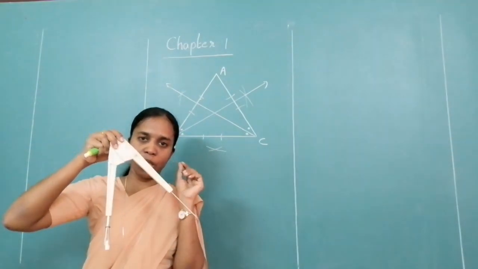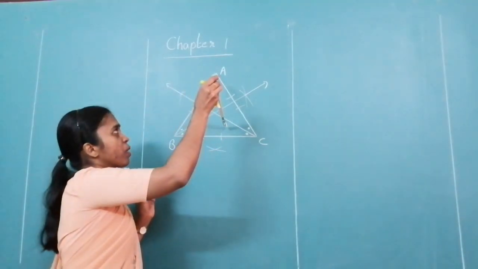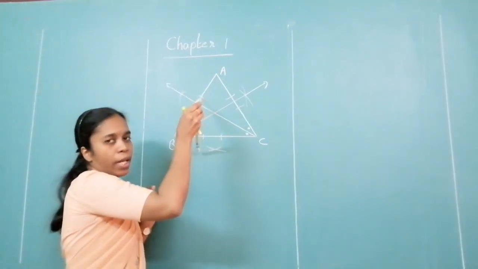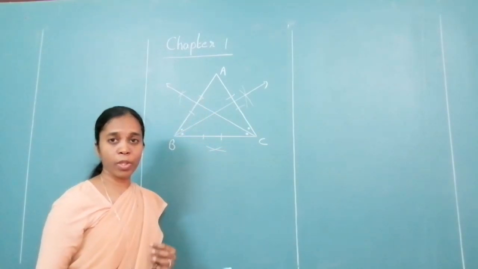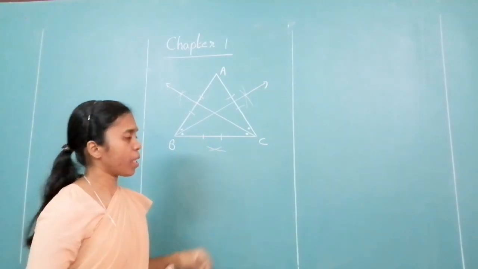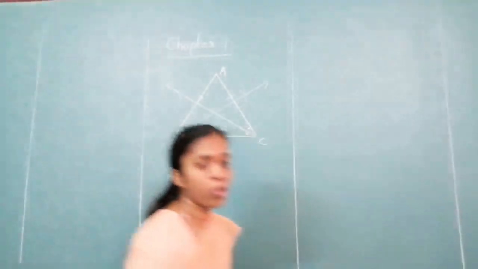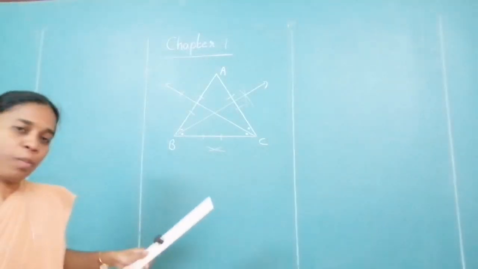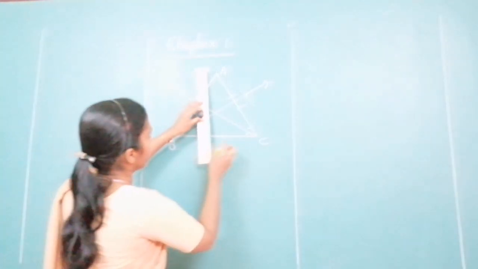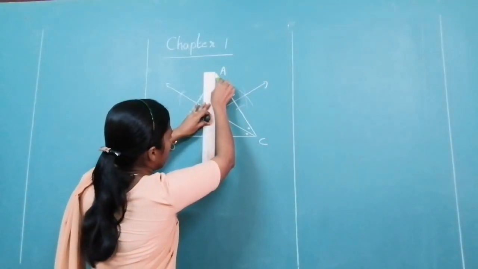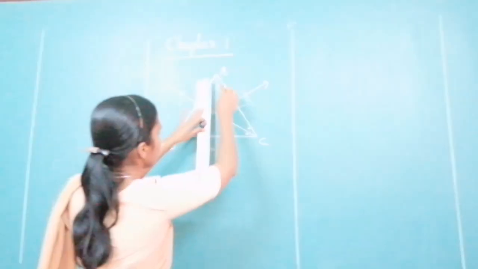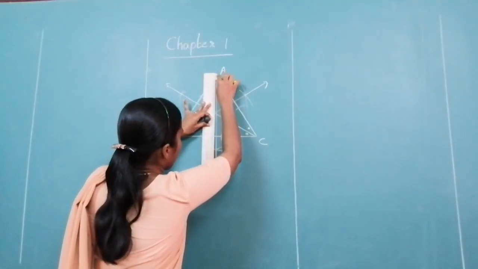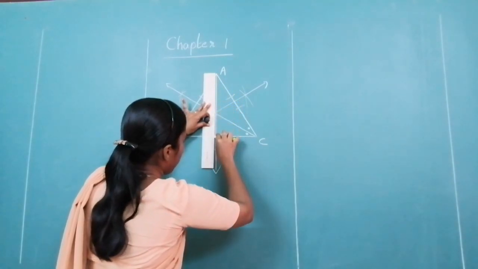You have to keep it only on the point from wherever you are taking it and draw. I am holding it because this board is slippery, so I am not getting a grip on it. That's the reason I am holding it. Now you join that point of intersection. Make sure that you draw it properly.